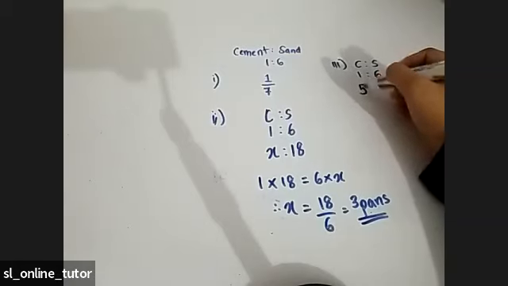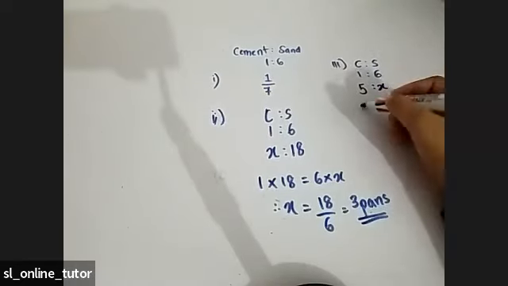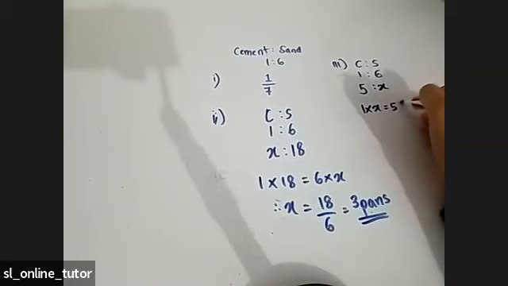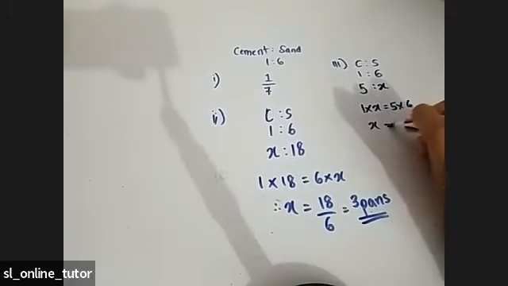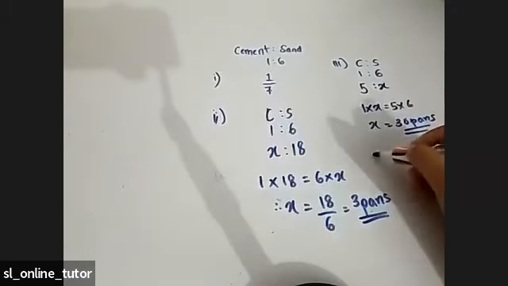If it is necessary to make a cement mixture using the whole bag, how many pans of sand are required? Again, the same type of question. Cross multiplication we can do, and you can find the unknown term. You get 30 pans. That is the answer for Roman number 3.